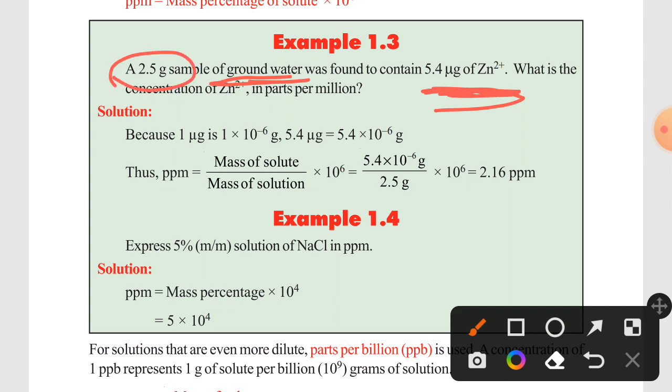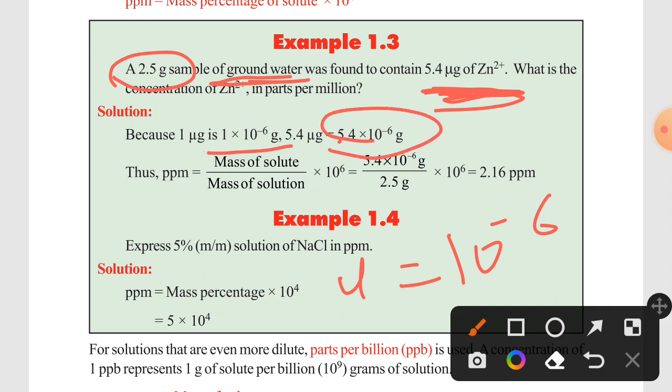So zincine giraamatti jira. 1 microgram jechuun 1 times 10 raised to minus 6 gram jechuudha. Micro jechuun 10 raised to minus 6 jechuudha. So 5.4 microgram jechuun 5.4 times 10 raised to minus 6 gram jechuudha. Thus parts per million mass of solute keenya 5.4 times 10 raised to minus 6 dha. Mass of solution immoo 2.5 gram times 10 raised to 6.